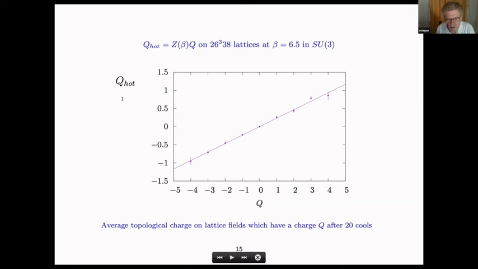Although on an individual lattice field, this quantity seems totally unrelated to the true topological charge, when you average over tens of thousands of fields which have the same topological charge, for example 3 after cooling, you find that you get values which, while they have significant errors, as you can see here, do follow the linear behavior. That is to say, they're proportional to the true topological charge. And the slope is given by this renormalization factor. So you can read off the renormalization factor.